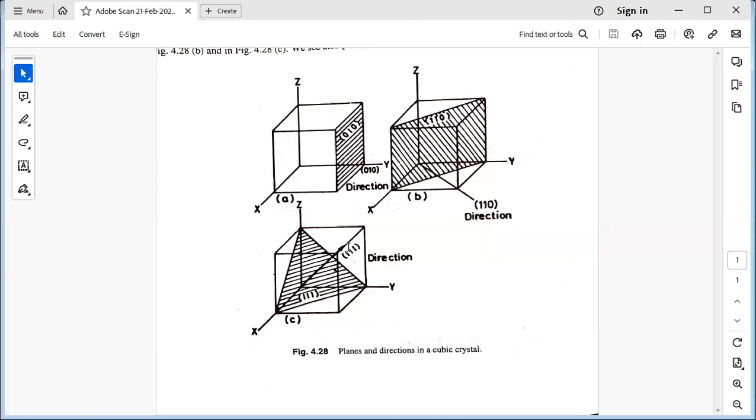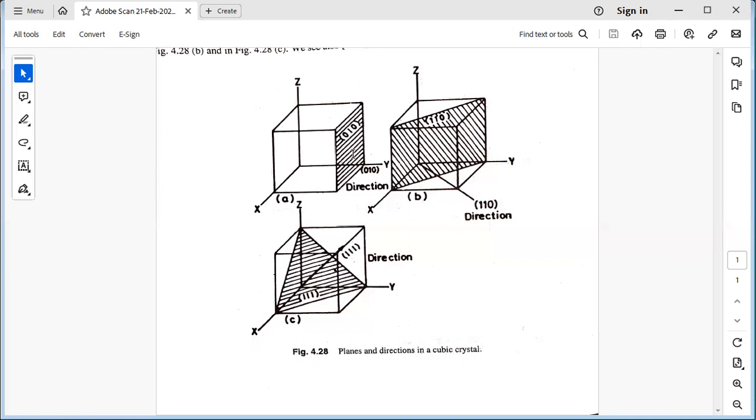In the same way, if you are coming in this direction through this corner, you are in the xz plane, so the y coordinate is 0. So this direction is the 1, 0, 1 direction. In this way, we choose the directions called crystal directions because of some uses or applications.